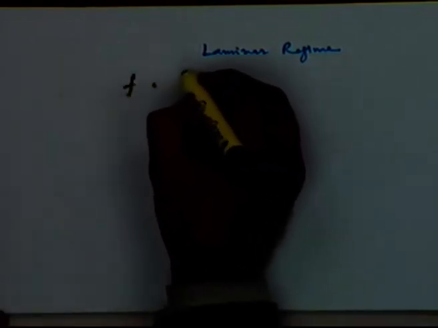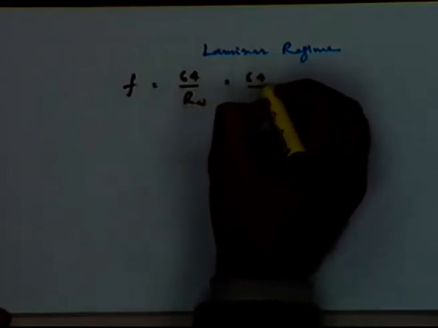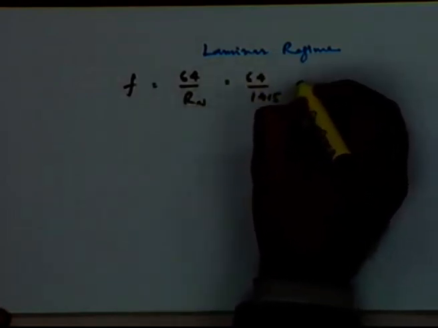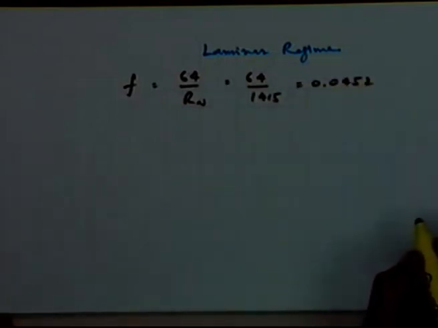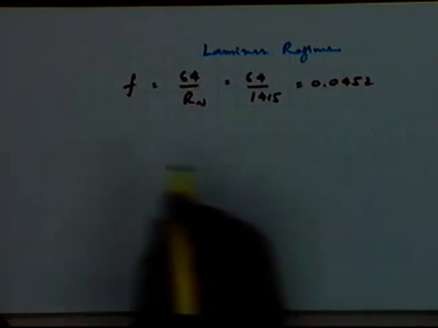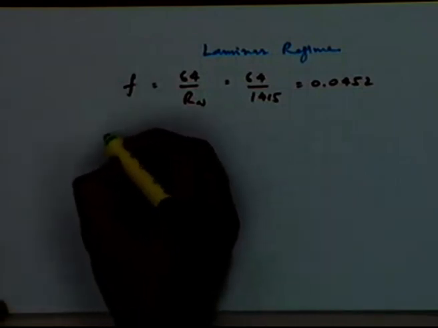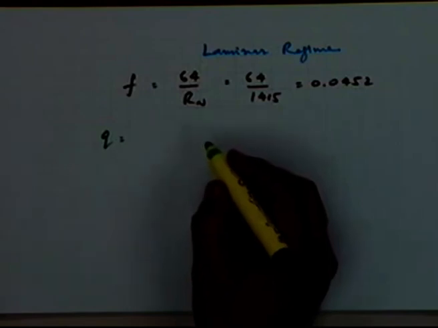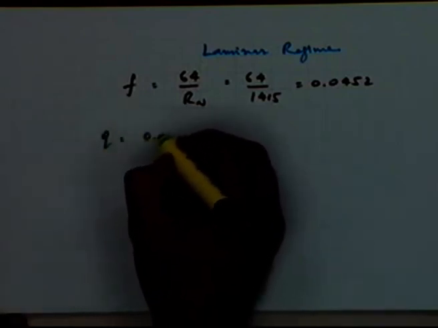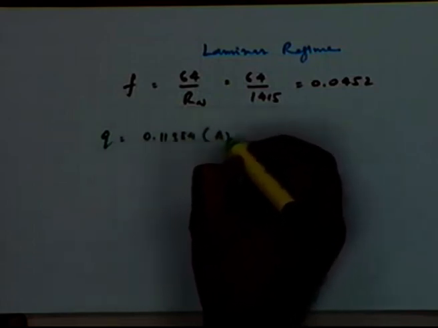If your flow regime is laminar, you can find out the friction factor, which is 0.0452. Now, once you have the friction factor, then the emitter discharge can be obtained using the appropriate equation which we have just written earlier.